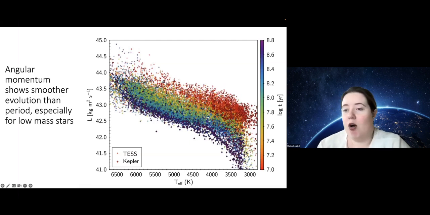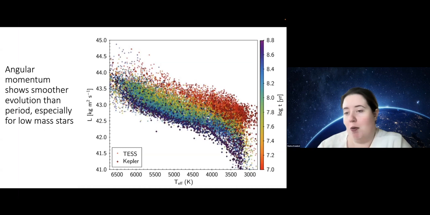And here you can see that all of these low mass stars, where before all the periods had been piled up on top of one another, we can clearly separate them out, because the angular momentum of a star is still going to decrease even if it doesn't really change its rotational period, if it shrinks down. So the younger the stars, the more angular momentum they're going to have, and it continuously drops down. And here on the high mass end as well, it's fairly fanned out. So we are able to fit a polynomial to this relationship.